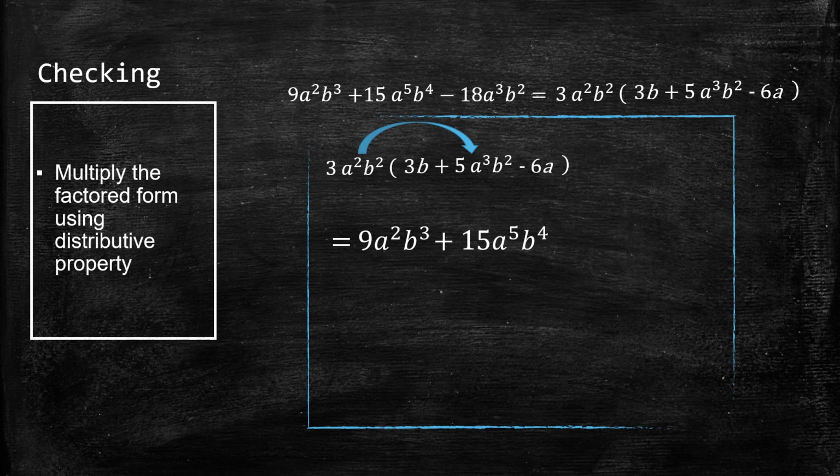That is positive 15a to the 5th b to the 4th. Next. It is 3a squared b squared times negative 6a. Negative ha? Take note the sign. Ayaw jud kalimot sa sign class. Unlike signs, multiplying yields a negative result. So that's negative 18a cubed b squared.